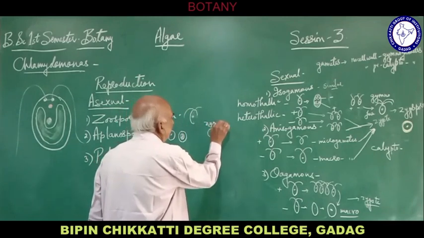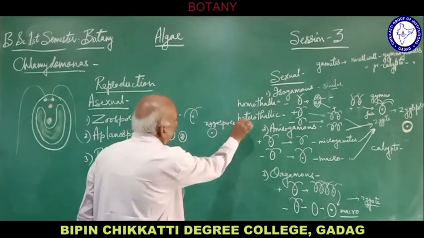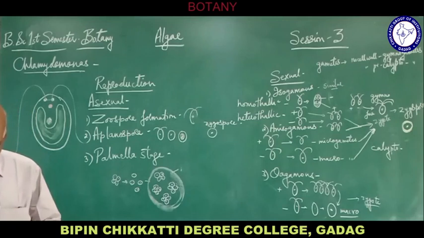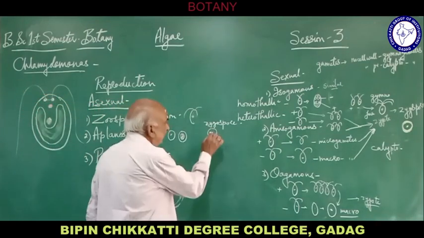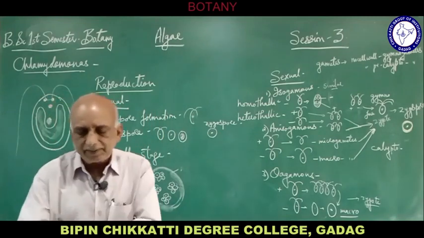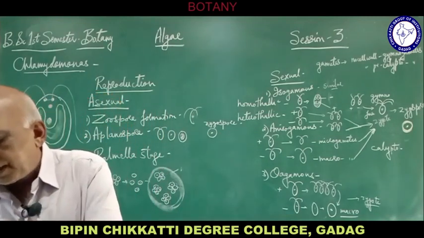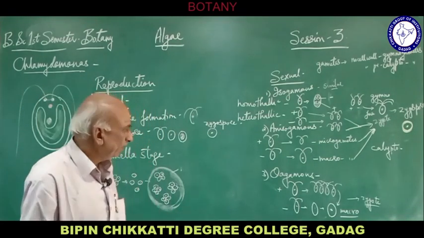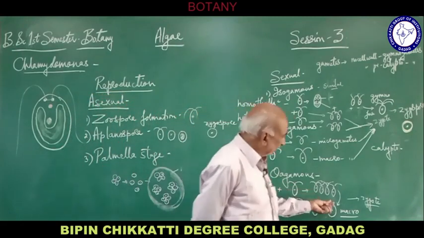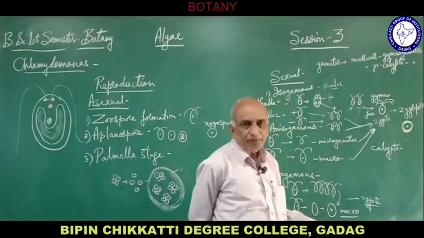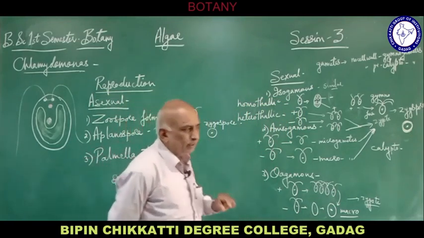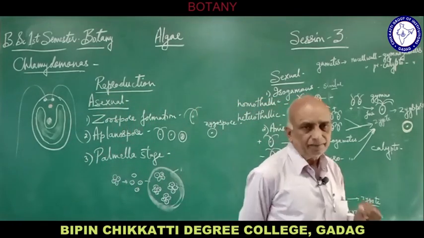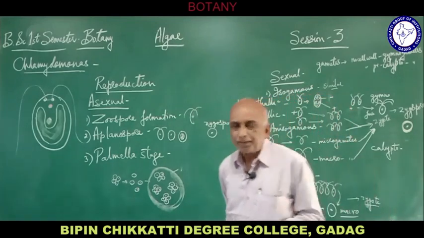So the zygospore will divide by meiosis. Actually the zygospore contains reserve food material. It contains a large amount of fat, some reserve food material, and it is somewhat orange red in color due to the presence of pigments.